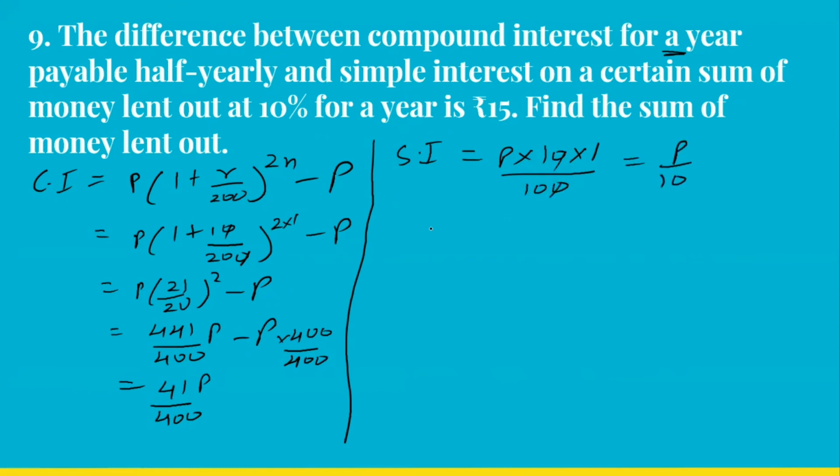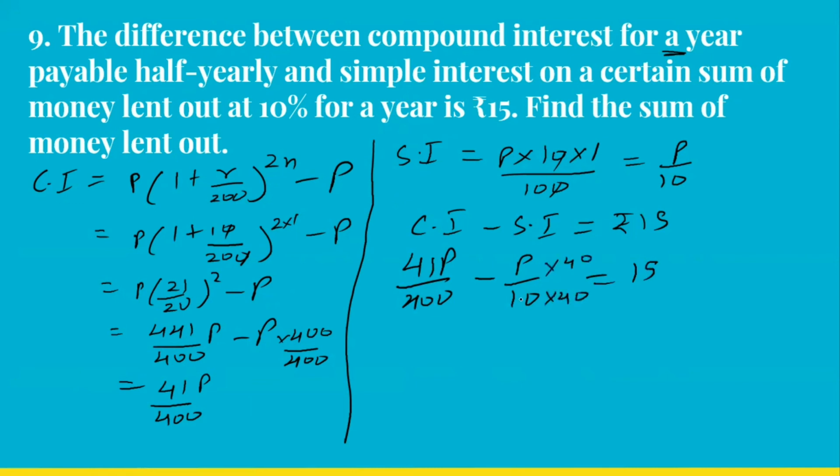Now you are given that compound interest minus simple interest is equal to rupees 15, right? So that means 41P upon 400 minus P by 10 is equal to 15. So 10 into what gives 400? So 10 into 40. So you'll have to multiply by and divide by 40.